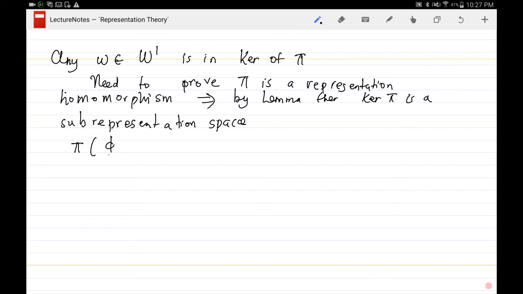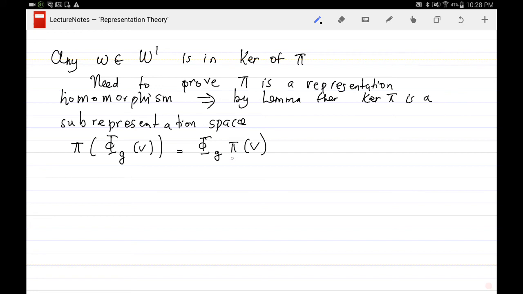Okay, so in particular, what we need to show is that pi of phi of g acting on v is equal to phi of g acting on v. Now, why didn't I need to?